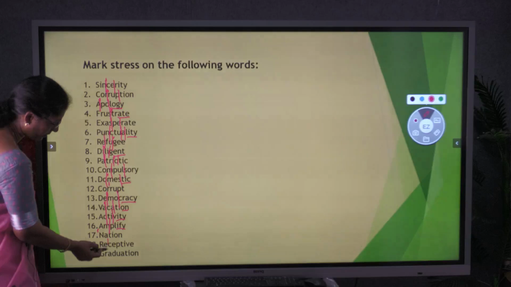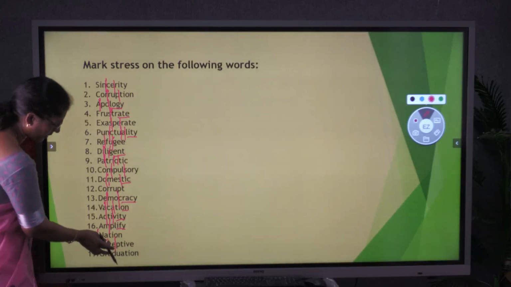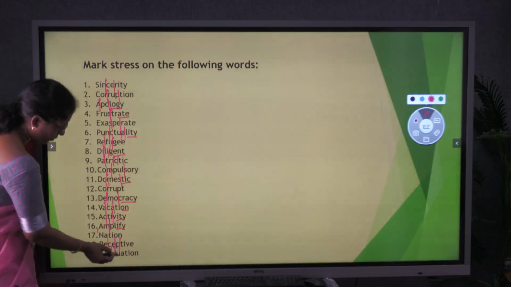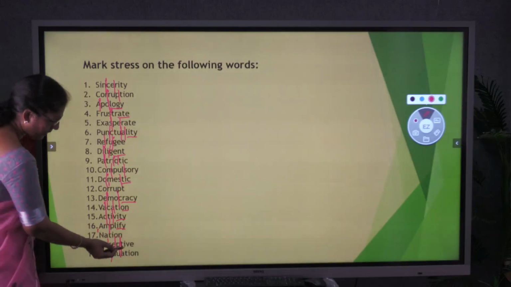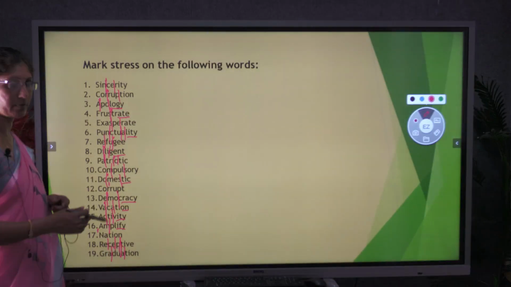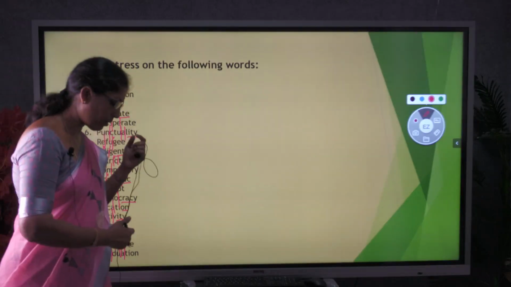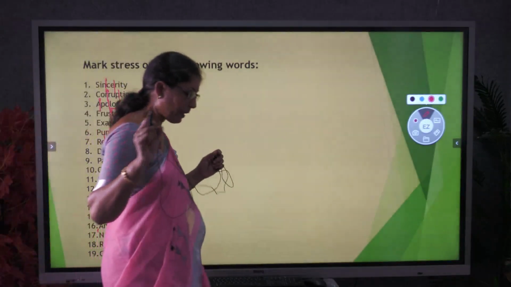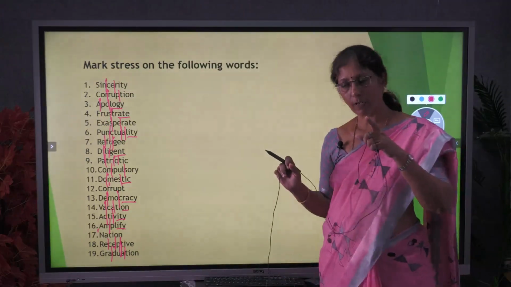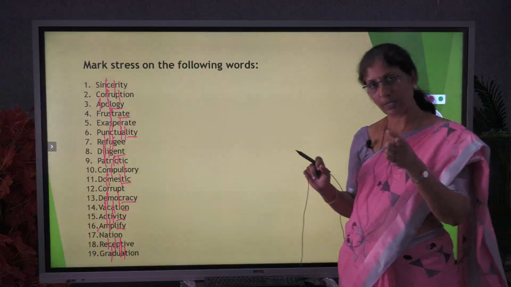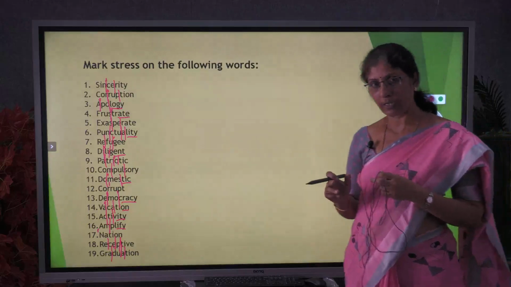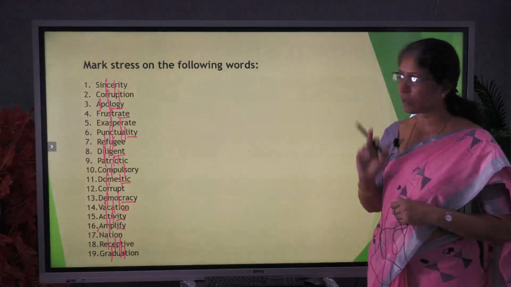Next, receptive. Next, graduation. The stress is on the syllable before the suffix, graduation. Overall, if it is a disyllabic word that functions as a noun, adjective and also verb, then you have one rule. If it is a noun or adjective, the stress is on the first syllable.